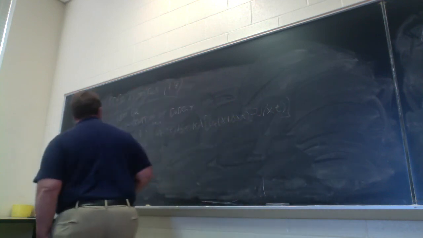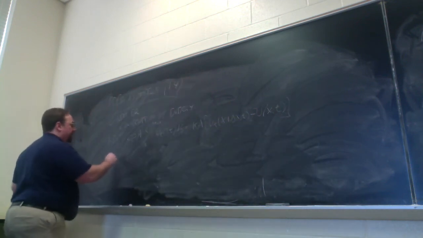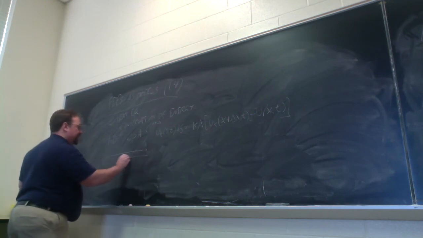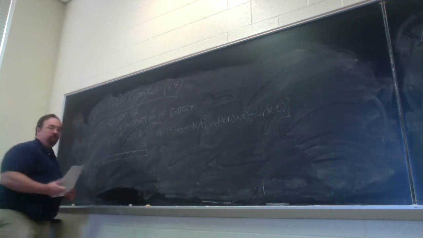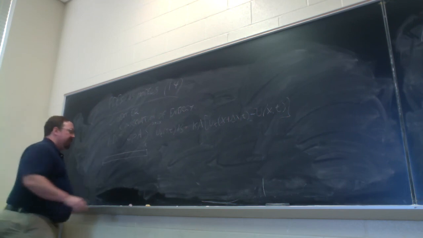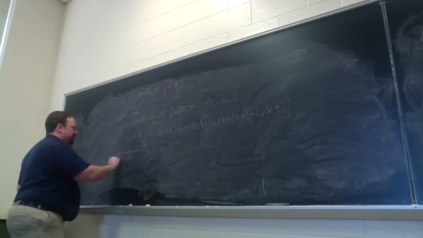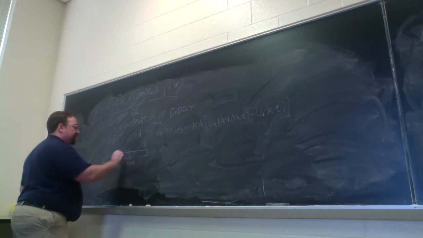Okay. So we have a rod that we're modeling heat flow in. Here we have a segment of a rod starting at a certain point x, going to x plus delta x.